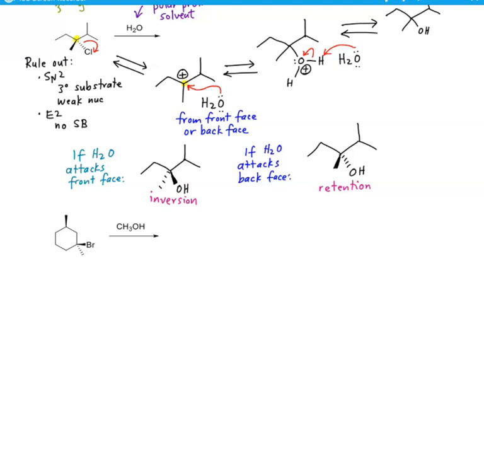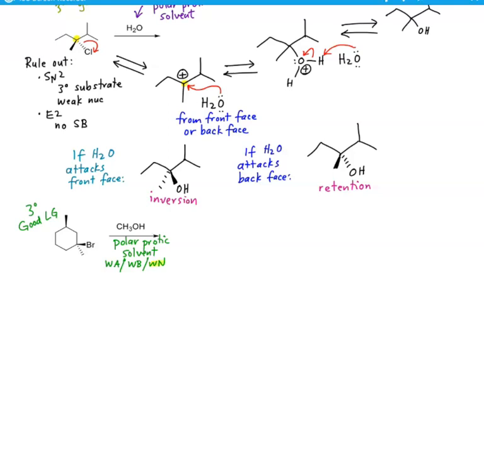So once again, a tertiary substrate, so lots of steric hindrance there, a good leaving group, with a polar protic solvent that's a weak acid, a weak base, and a weak nucleophile.